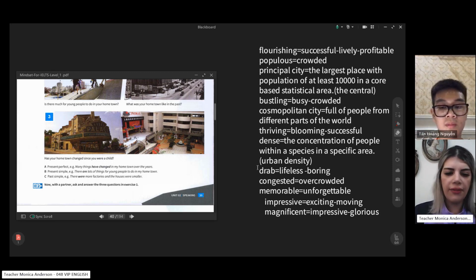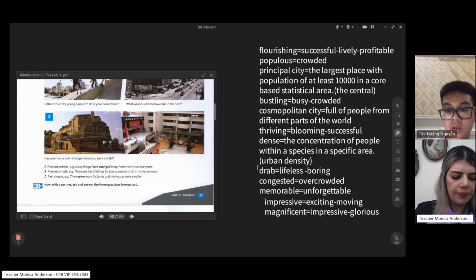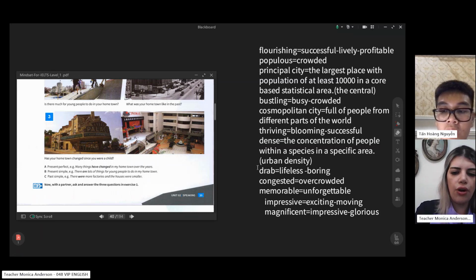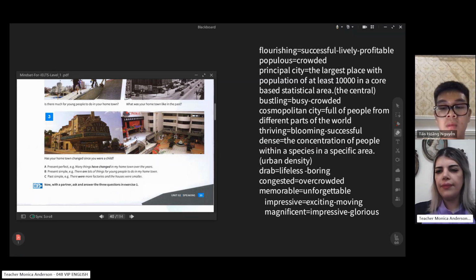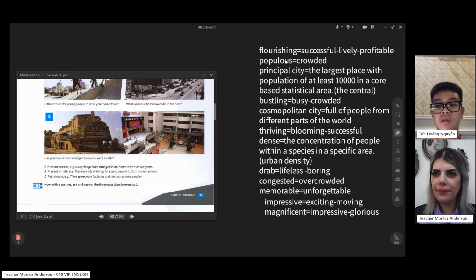And we have department store and convenience store.